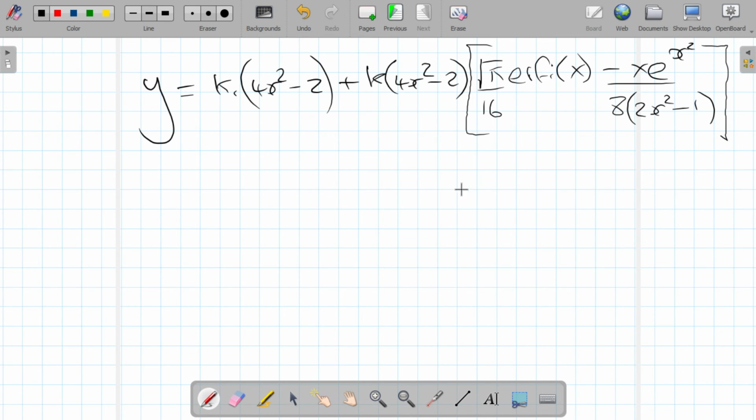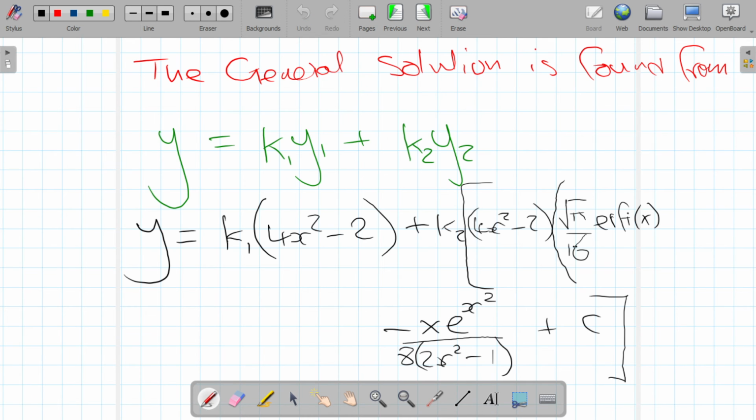We'll close the brackets there, and then we'll multiply that constant there. We'll just underline it in red.